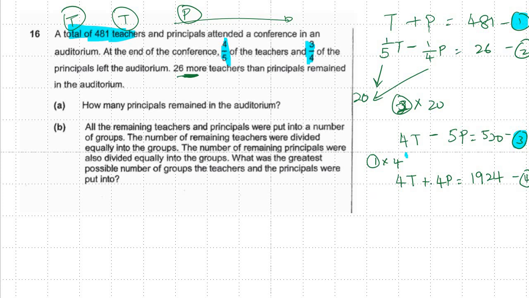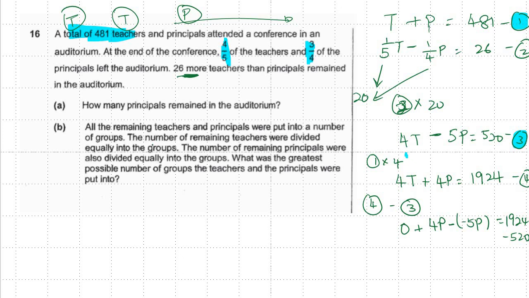So from now I can use my equation 4, big number minus small number, equation 4 minus equation 3. So 4T minus 4T equals to 0. You copy your equation 4 down. 4P minus, then what is this? This brings along with it minus, minus 5P. Then you take 1924 minus 520.